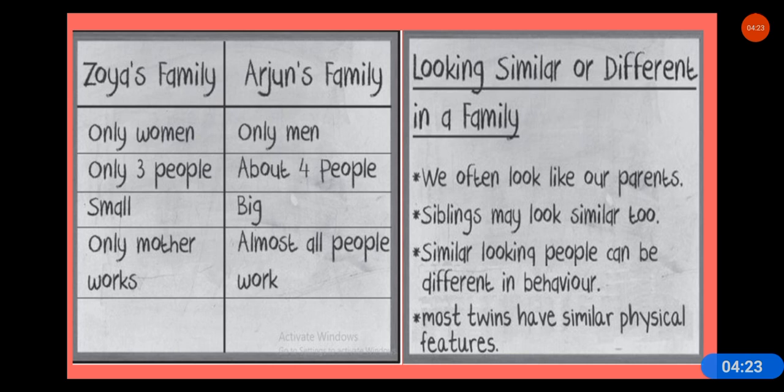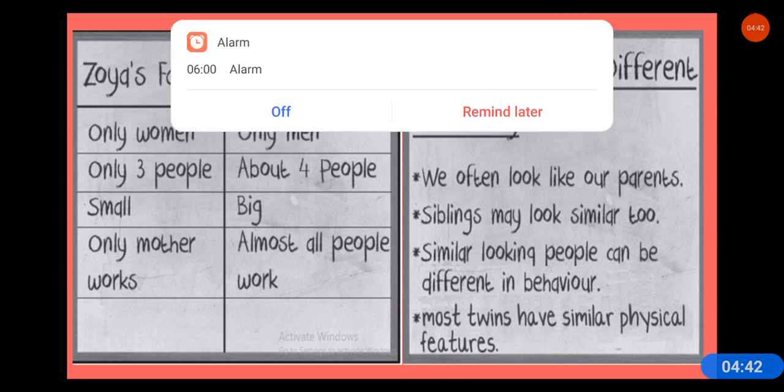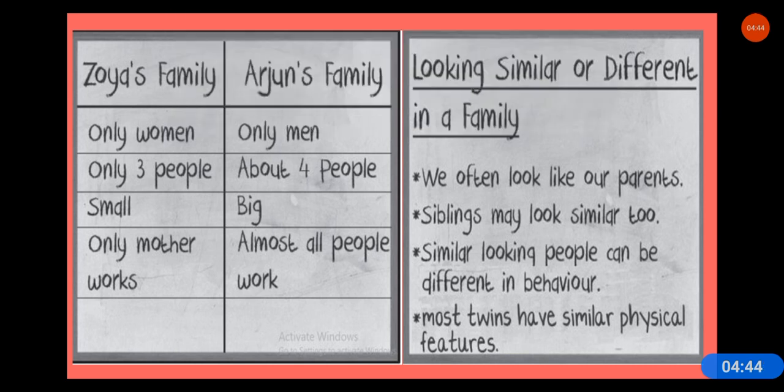And similar-looking people can be different in behavior. Okay, if they are looking similar, it's not necessary that their behavior will also be the same. Their behavior can be different. And most twins have similar physical features.